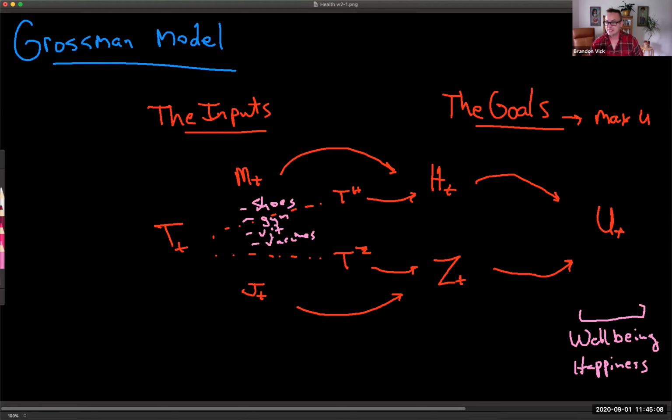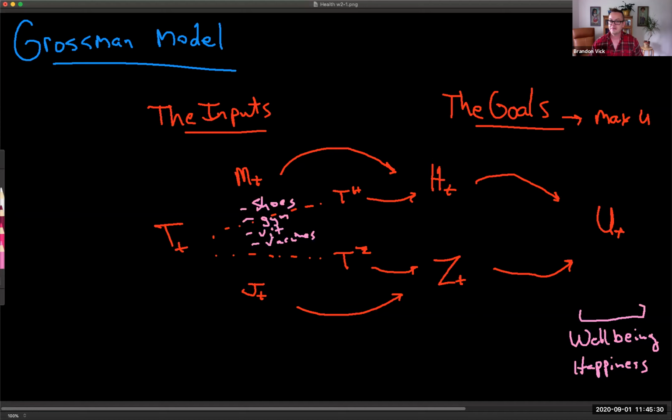So the demand, the first part of going back to the model, the first part of the model is that we demand things because they make us happy. Okay. They increase our utility. Thus we have a higher demand. We want to achieve good health. We also want to achieve other things in our life.